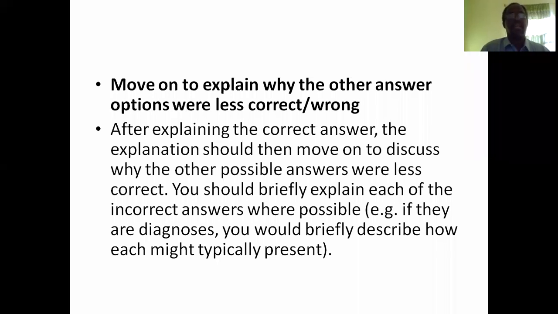After explaining the correct answer, the explanation should then move on to discuss why the other possible answers were less correct. You should briefly explain each of the incorrect answers where possible. That's to say, if they are diagnoses, you would briefly describe how each might typically present. Okay, we'll come to this.